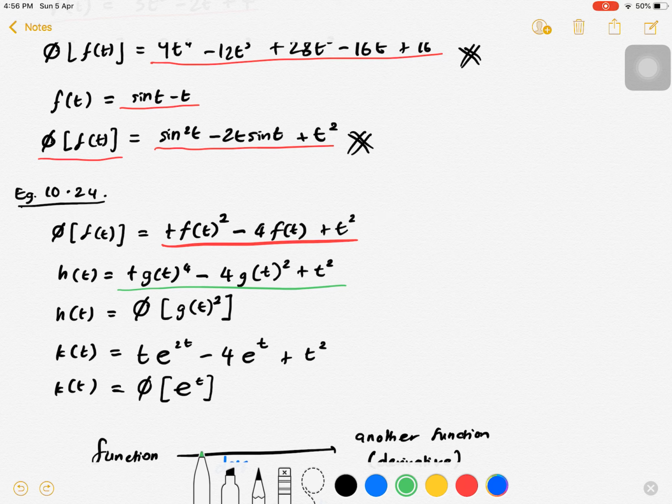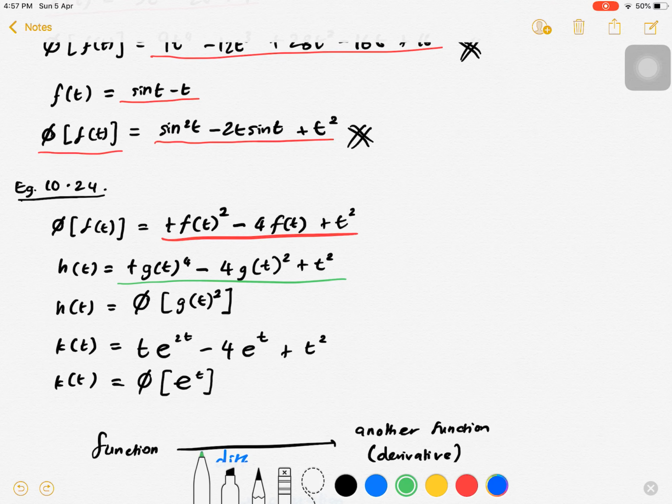If you look closely, we have t right here and t right here, and we have 4 right here and 4 right here, and also the negative, and we have t square, and in the third component there is no f. So we can see that some similarity appears, and we can relate and simplify this function in terms of the operator.